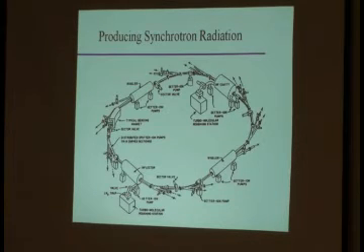Now, why are X-rays produced? Well, remember that I said that the electrons are circulating close to the speed of light? Can we accelerate them any further at that point in time? No, right? So they can't get faster, but if we use a magnet to make the electron path bend, then we are accelerating them, right?